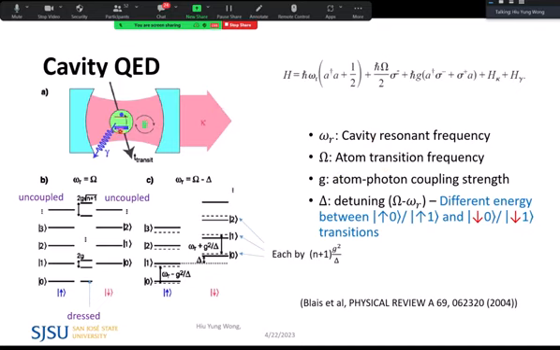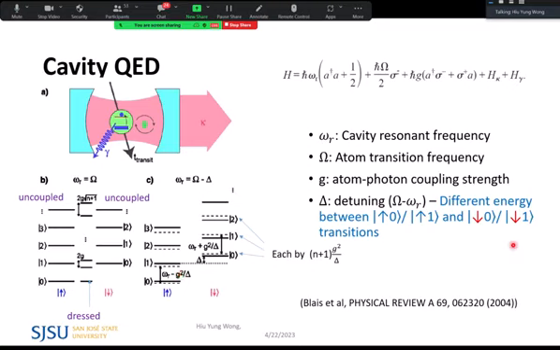They also have a coupling strength between them. When the two frequencies are different, we say there is a detuning. This is important, because when the atom is at a different level, it changes the resonant frequency of the cavity overall. If there is a detuning, you are going to have a different shift depending on the level. As a result, when your atom is in the 0 and 1 state, your overall frequency will shift.